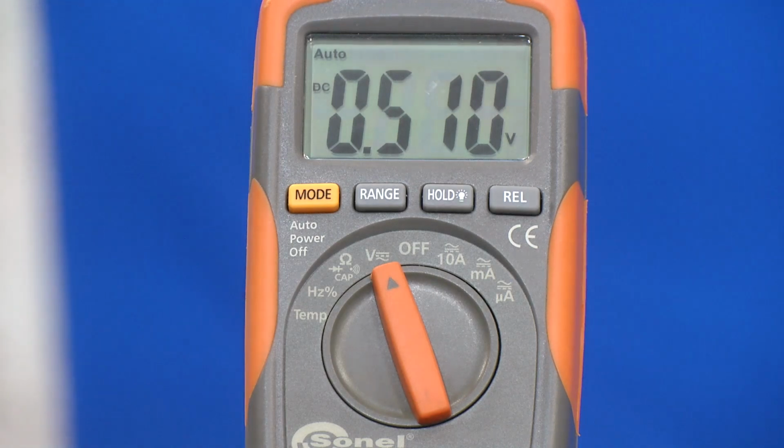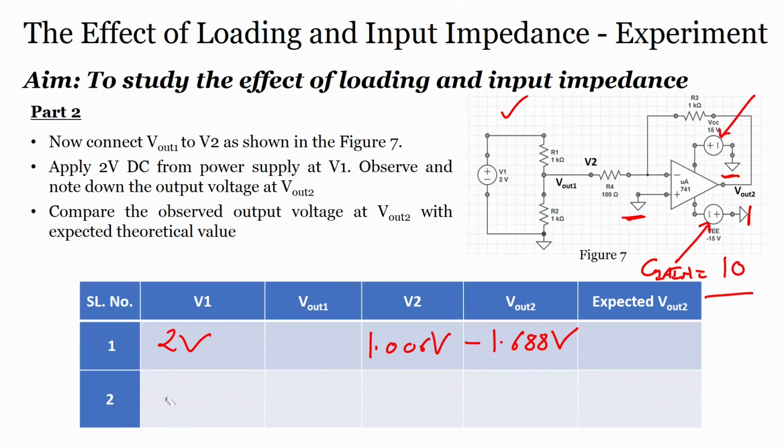So, we are applying 1 volt at the input, output at the potential divider 0.5 volts, or V2 would be 0.5 volts, right.